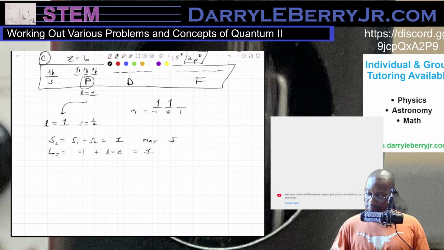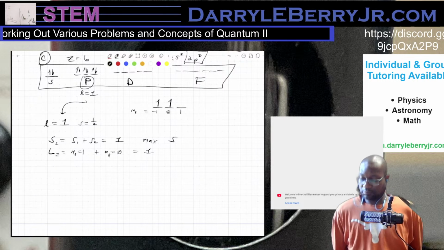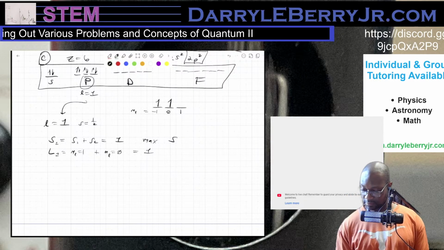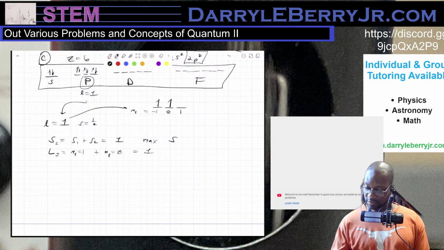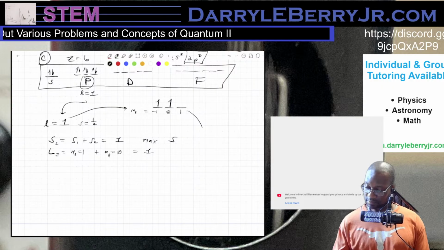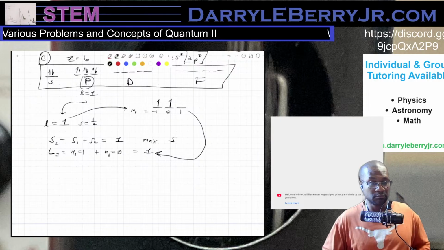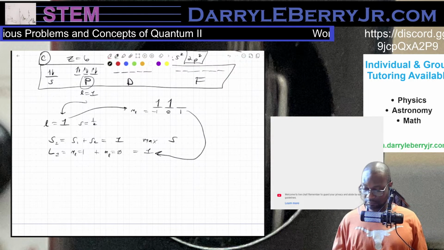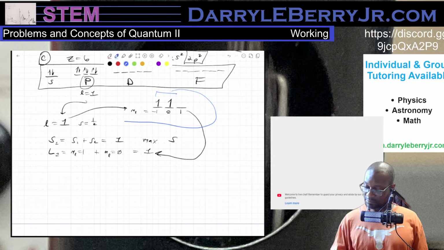Oh, technically, so we have L that gives us our MLs, and then MLs add up to be big L. And this is where they're saying they're pointing in the same direction.